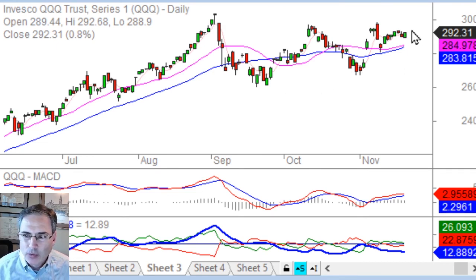We're just going to have to be patient here and wait for either a move up through this resistance zone at 300 or a little bit more confirmation of a breakdown through this moving average environment and this last low. And then I think that opens up the possibility of a deeper test down to the 260 area.